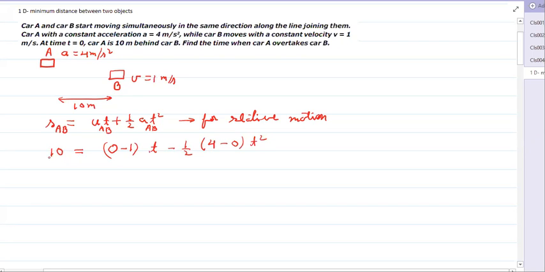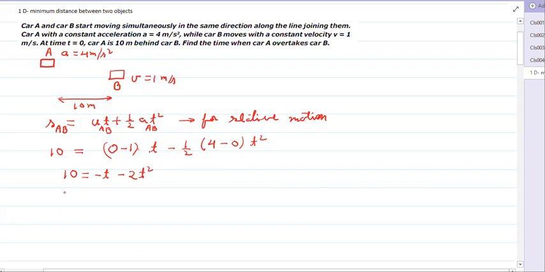So this is the relative displacement, because A has to travel extra 10 meter. This is initial relative velocity. So 0 minus 1, and acceleration of A with respect to B is 4 minus 0. So we can write 10 equal to minus t plus 2t square.